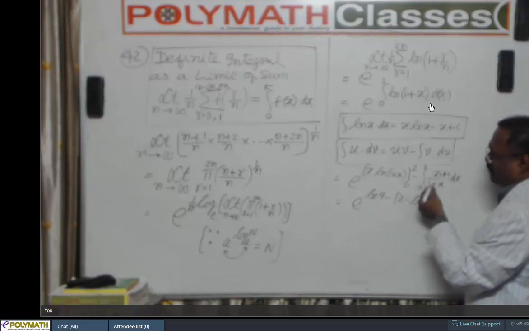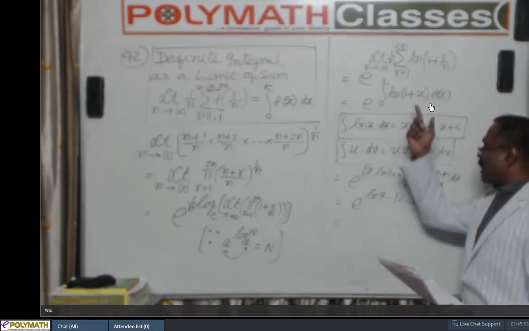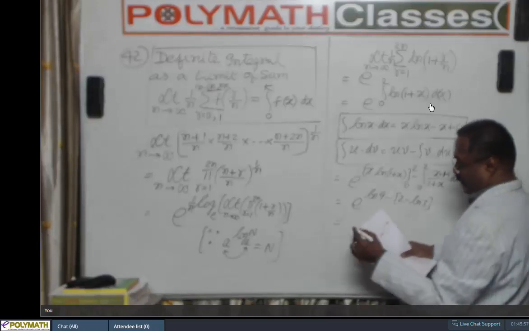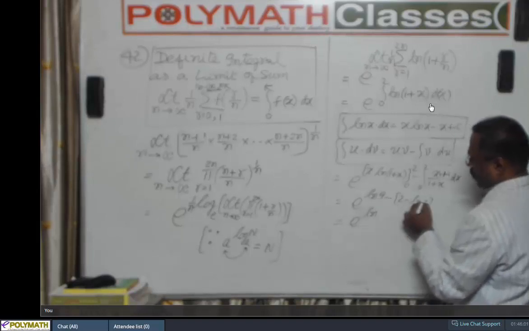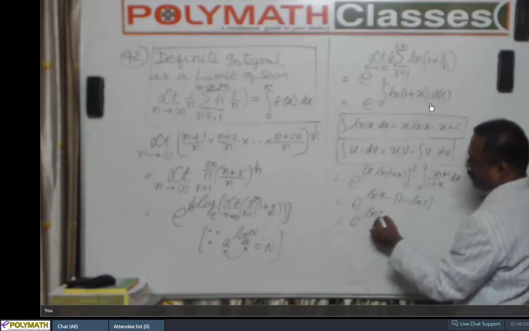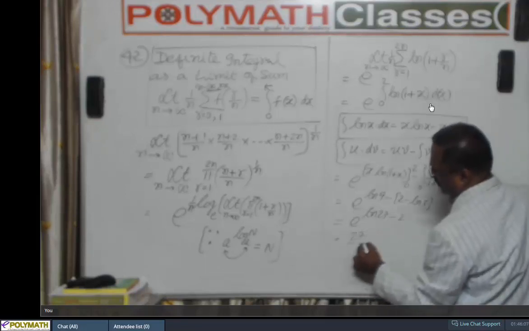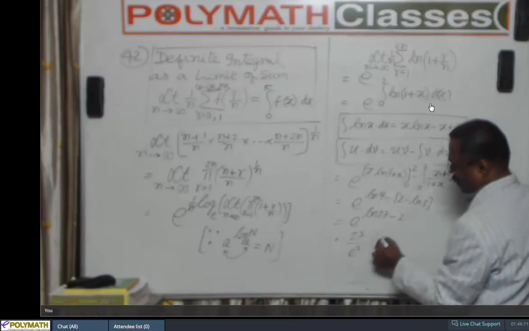You can simplify this, you can understand this easily. So everything is done here except solving this integral. Now this finally becomes e power ln 9 into 3, 27 minus 2. So 27 upon e square is the final answer, option number 4.